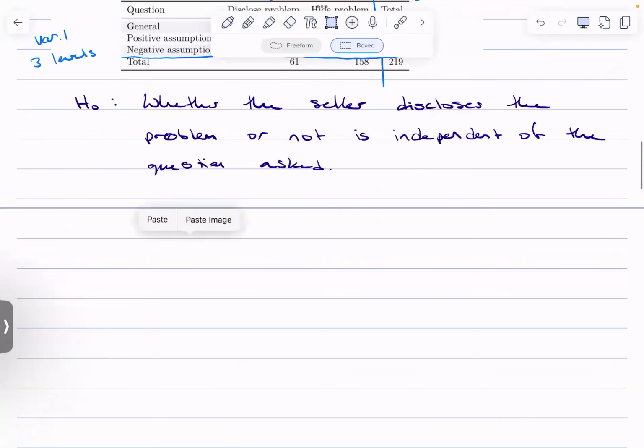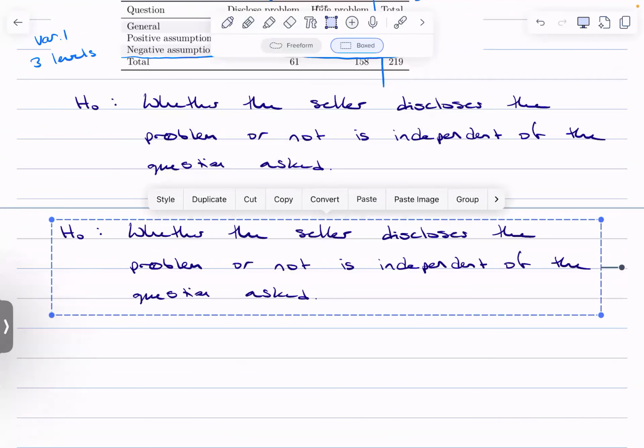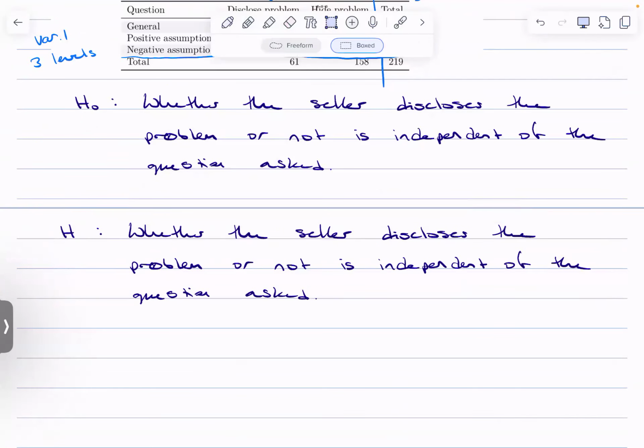And I get to cheat because I'm on an iPad. But the alternative hypothesis then is whether the seller discloses the problem or not is not independent of the question asked. So we just do the flip side.